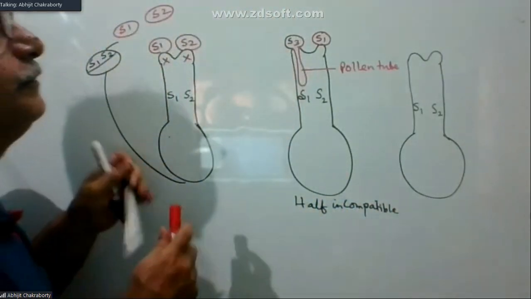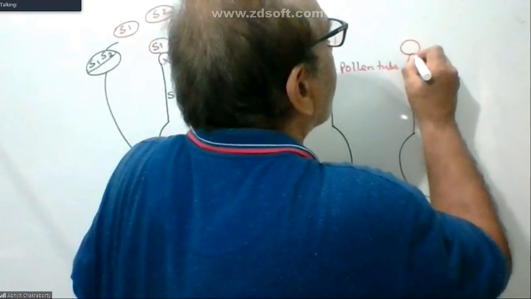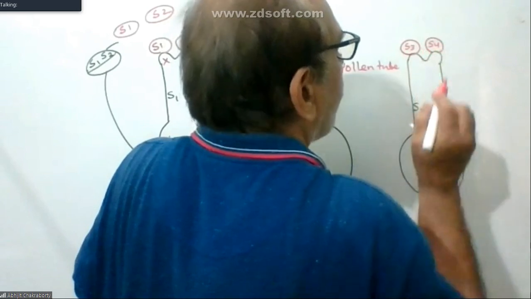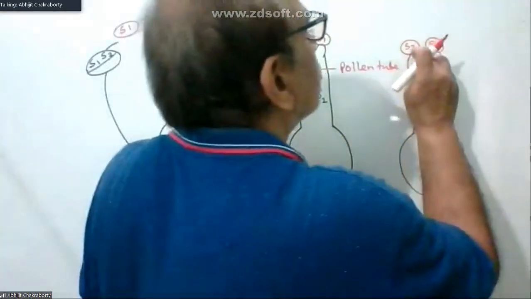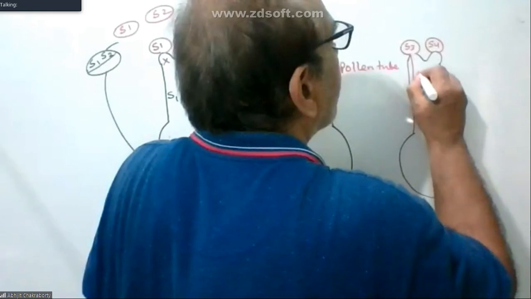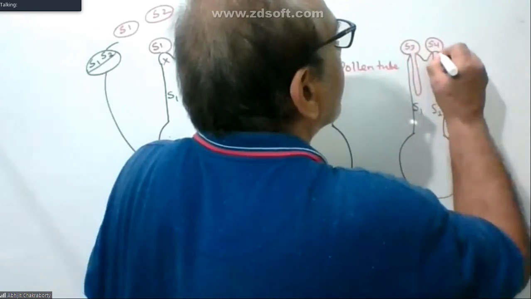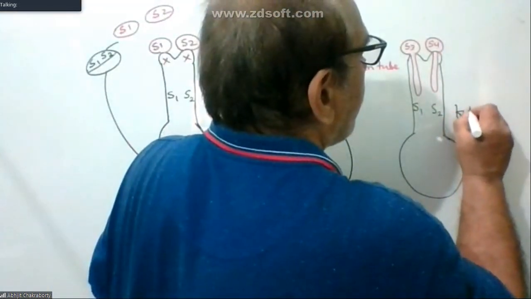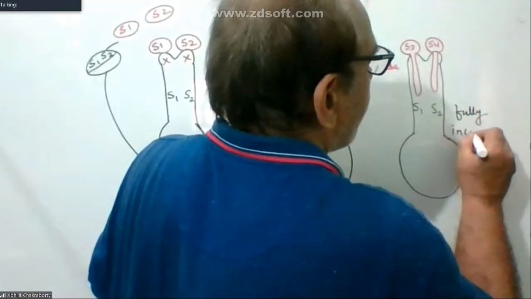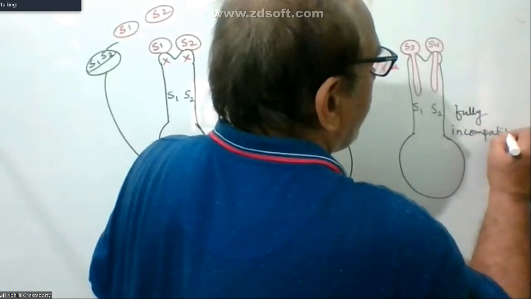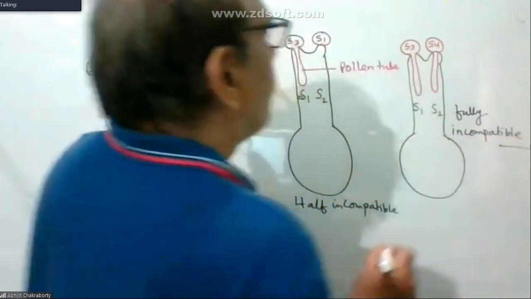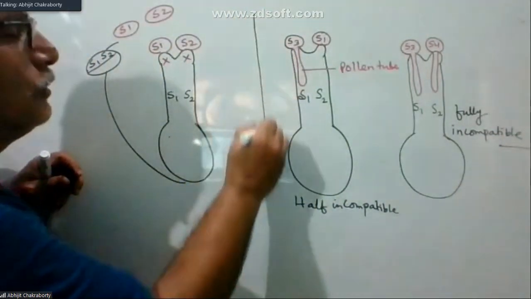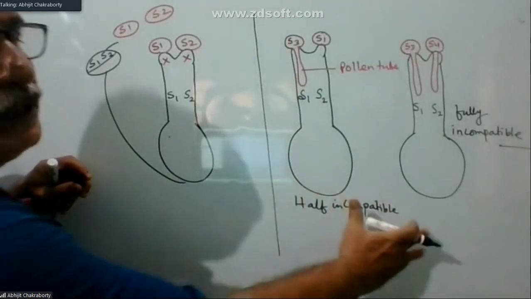So in a flower you have to concentrate on self-incompatibility, not these two diagrams actually.